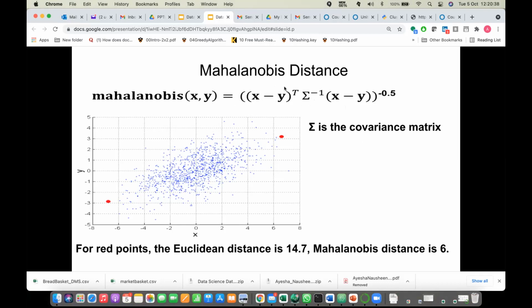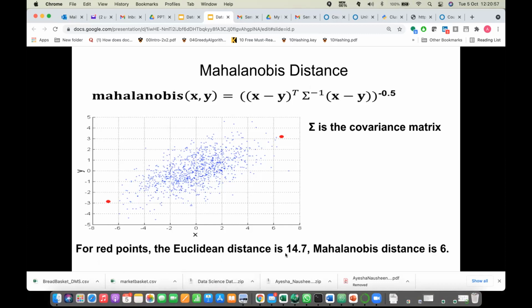You don't actually compute these things, but you should know the parameters needed: two vectors should be given, then find the covariance sigma matrix, and this whole formula will give you the Mahalanobis distance.